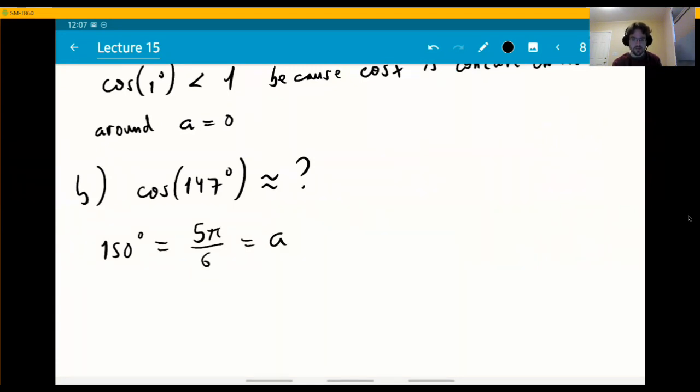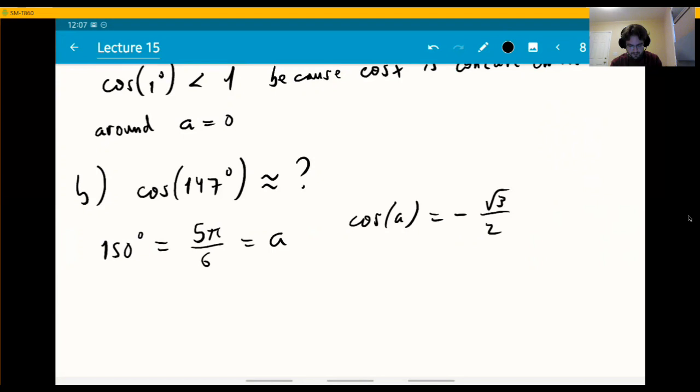Let that be your a, because then cosine of a is equal to, what is the cosine of 150 degrees? Think about your unit circle. It is a negative value, minus root 3 over 2. That's the same as cosine of 30, but negative.